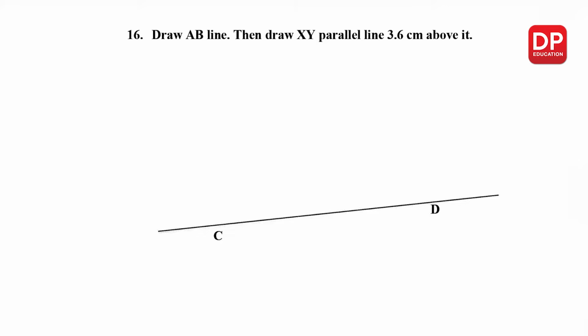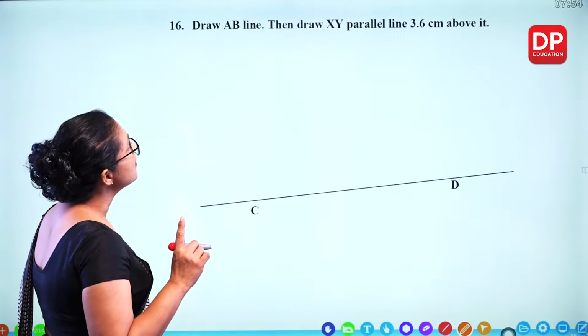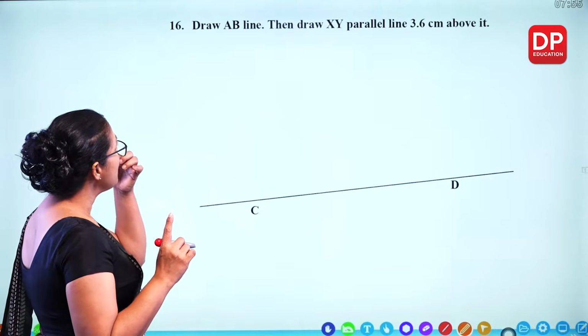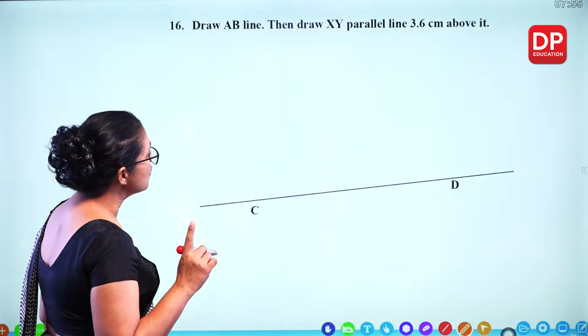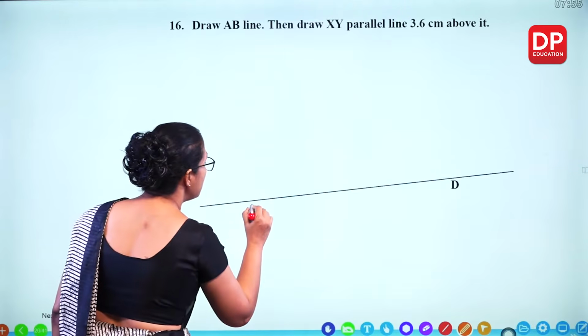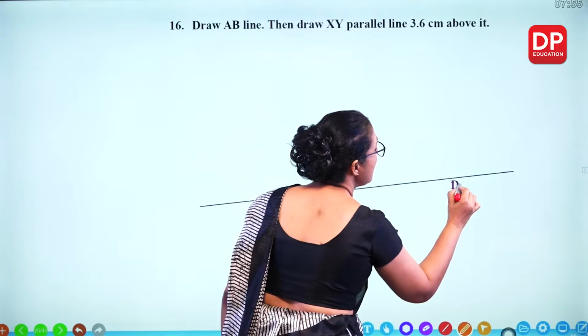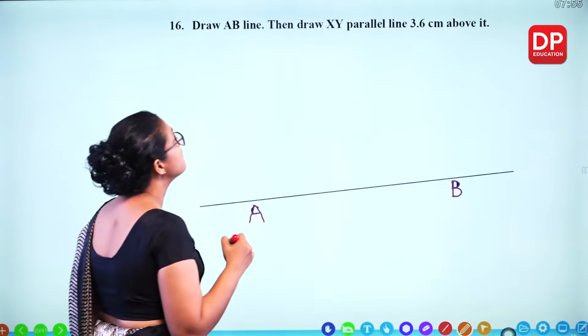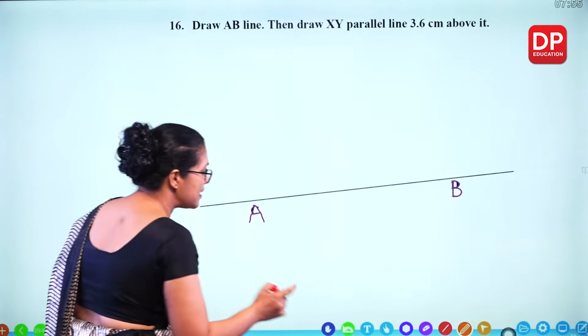Draw AB line. Then draw XY parallel to the line 3.6 centimeters above it. So first AB. So I'll label this as AB, not CD. I want the line AB. Then XY parallel to this, 3.6 centimeters away.